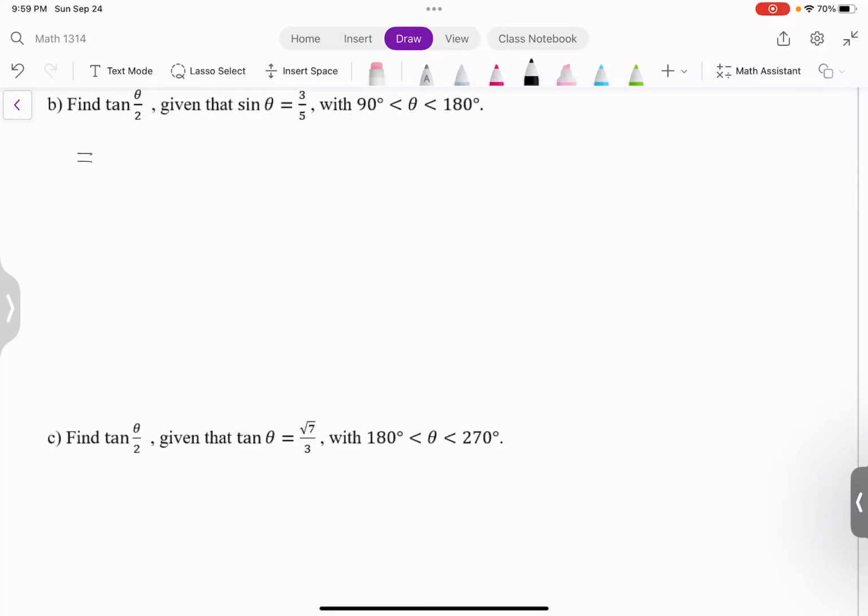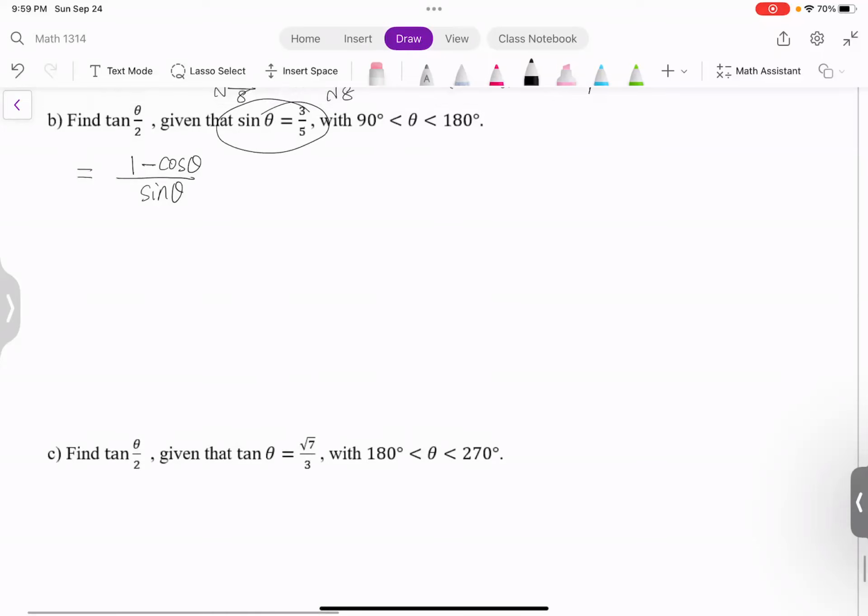We have 3 kinds of expressions. I'm choosing the one that has no positive or negative sign. I can choose the (1 minus cosine theta) over sine theta. But only the sine theta is given. Where is my cosine theta? I need to find my cosine theta from the given information.